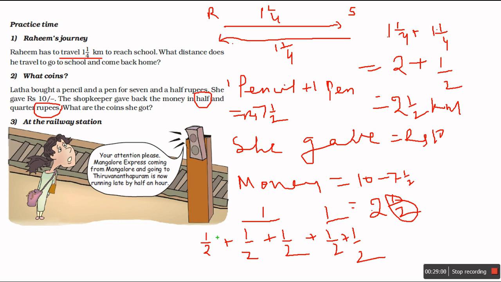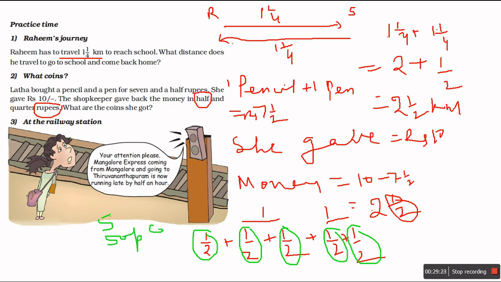So if the shopkeeper gives only 50 paisa, how many coins will there be? 1 coin, 2 coins, 3 coins, 4 coins, 5 coins. If the shopkeeper gave only 50 paisa, so 5 50-paisa coins are given by the shopkeeper.